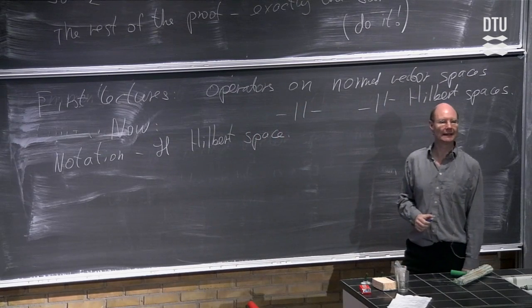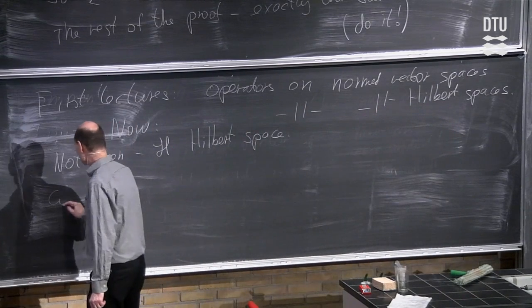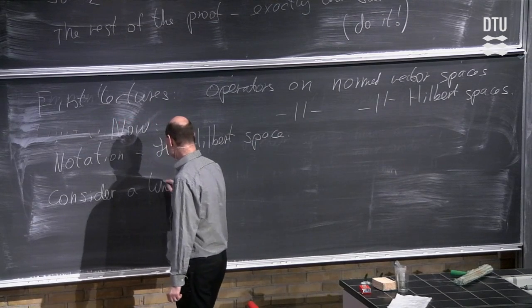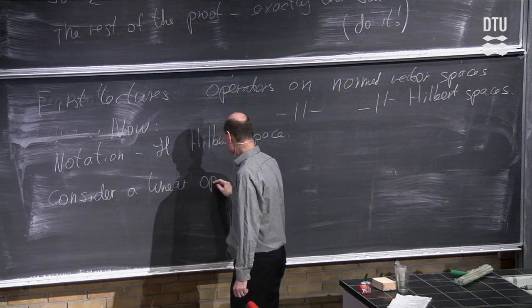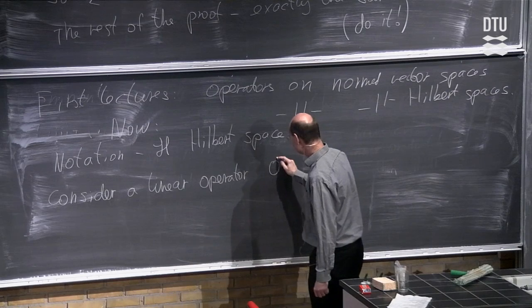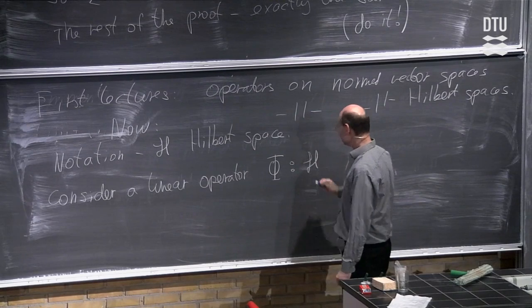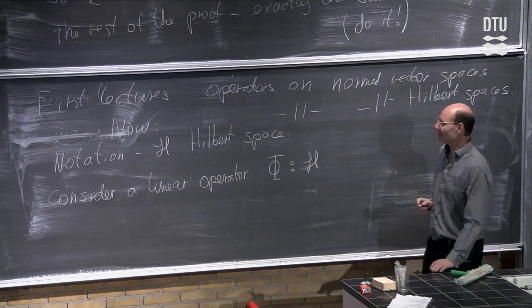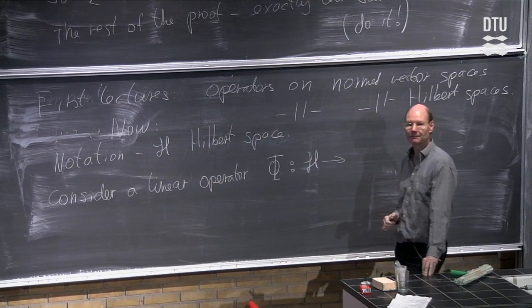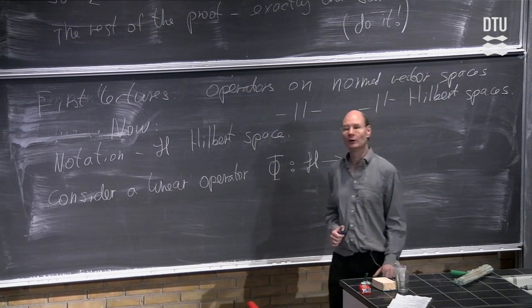So let's consider a linear mapping that is defined on a Hilbert space. We will denote this by a capital phi, and it should be a mapping that goes from the space H. And now you will probably guess that I want the operator to go from H into H again. This is actually too complicated to do at the beginning. This will be the topic of what we'll do next week.